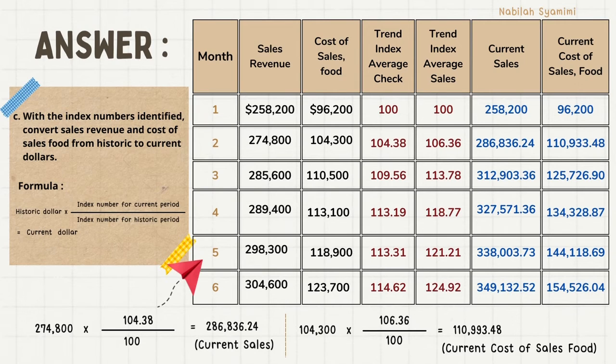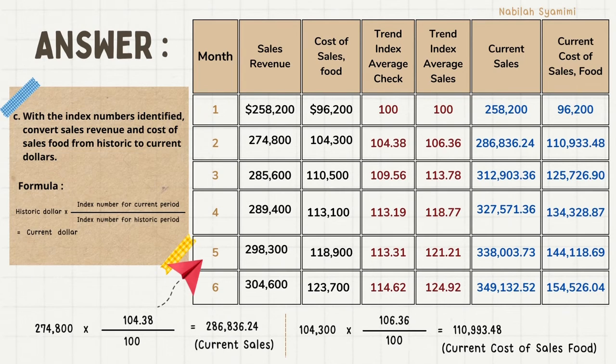Then, for the second month, to get the current sale, take trend index average check, which is 104.38, divide by 100 and multiply with the second month sale revenue, which is $274,800. It will get $286,836.24 for current sale. Then, for the following months, use the same method depending on the month.